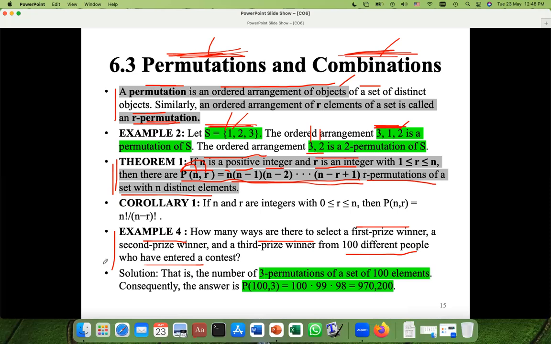So now, for this example, when you have this question, how many ways? According to this chapter, we are in this topic, so that's why you have to think in that way. Otherwise, you can think of the product rule, the sum rule, the division rule, and the others that you are learning one by one.